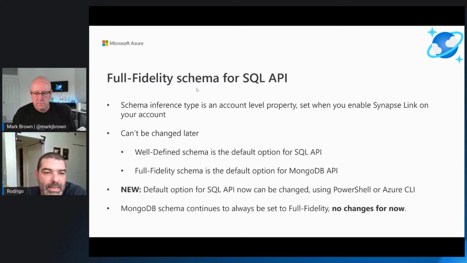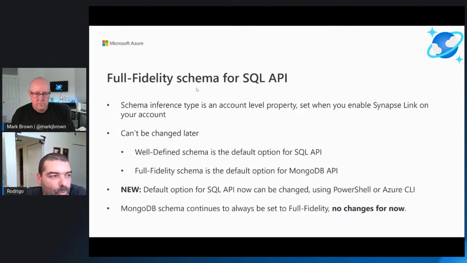When you enable Synapse Link for your Cosmos DB database account, we create the required storage infrastructure behind the scenes. And that's the moment when you need to decide which schema inference type you want for your account. That will be used for all containers in that account, right? And this is really important. This cannot be changed later.